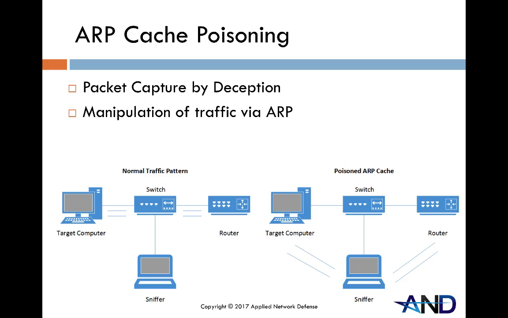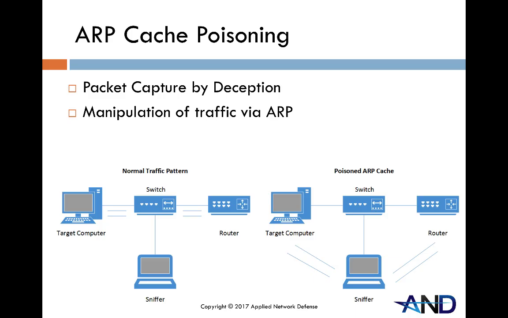The sniffer in this case is going to send out specially crafted ARP packets designed to trick the target computer and the router into thinking that it is the other communication partner. It's going to send ARP packets to the target computer saying it is the router, by saying that the router's address belongs to the sniffer's MAC address, and it's going to send ARP packets to the router saying that it is the target computer.